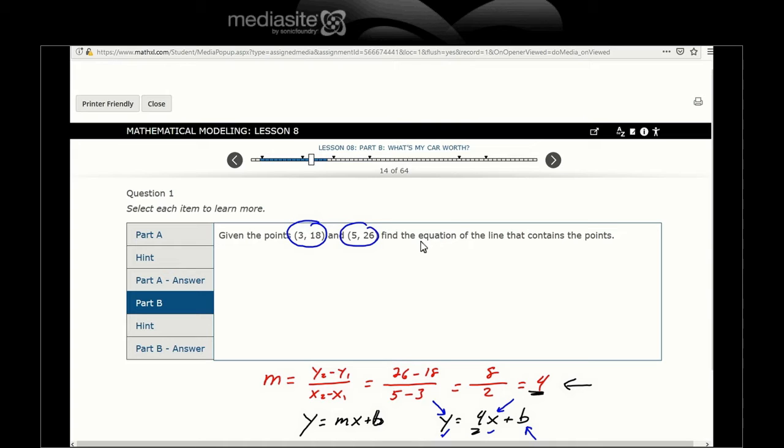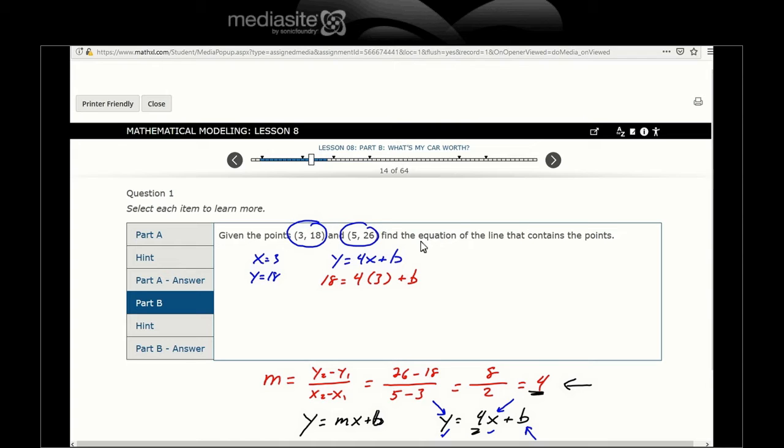I'm going to let x equals 3, y equals 18, and plug that into the equation at the appropriate locations.